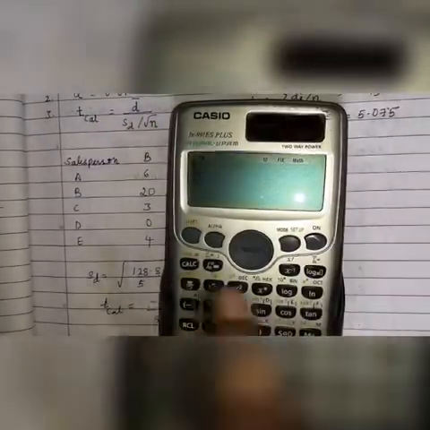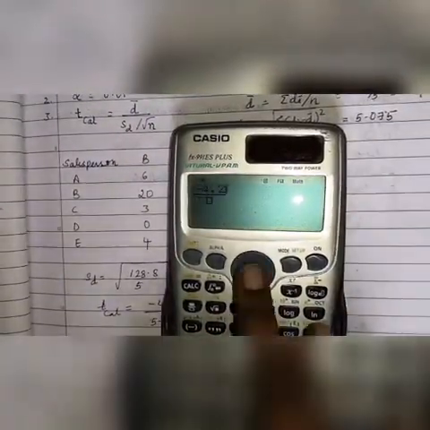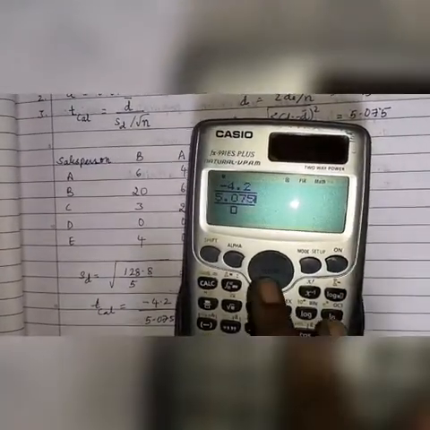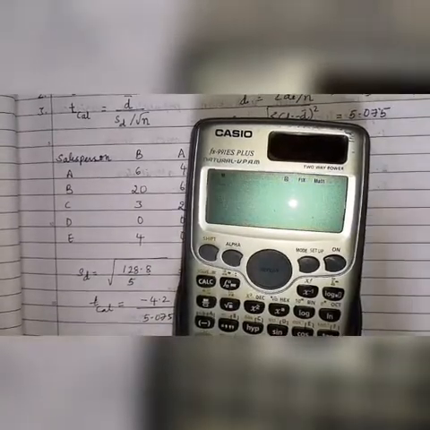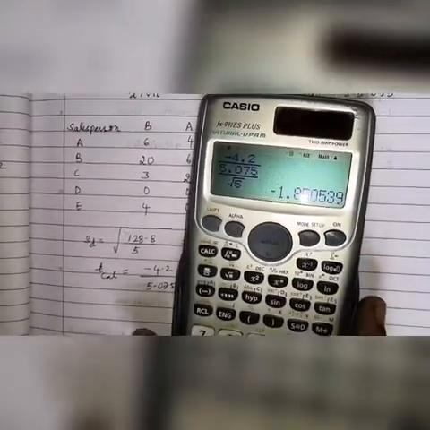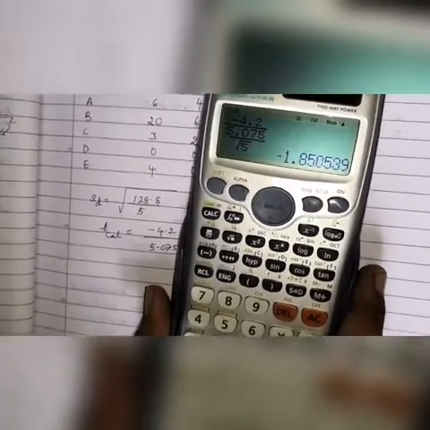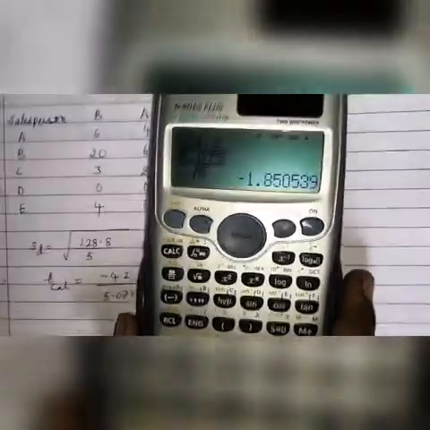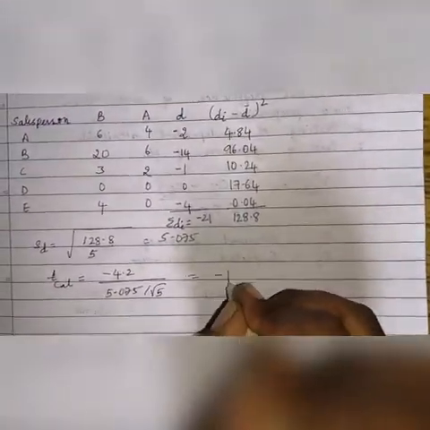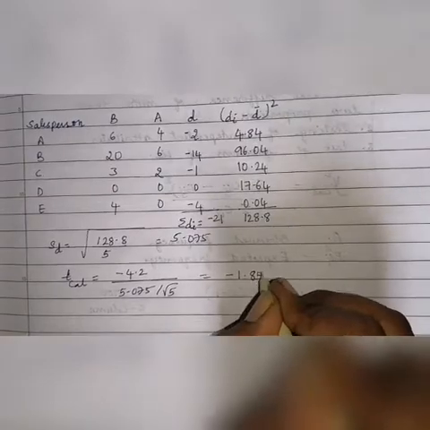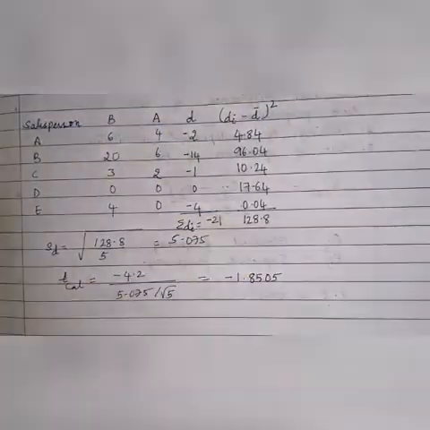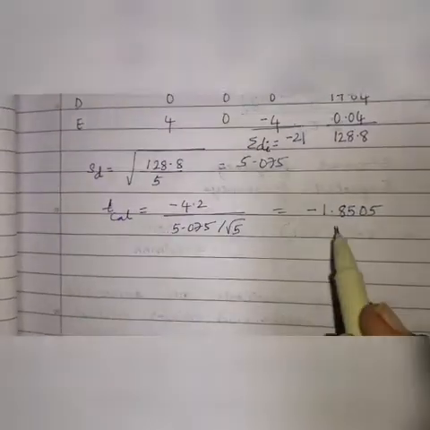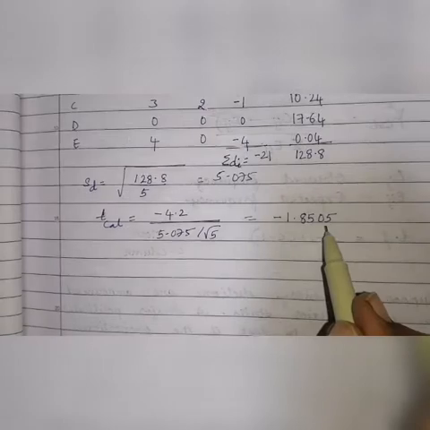So minus 4.2 by 5.075 by square root of 5 is minus 1.85. This is minus 1.8505. Okay, so the calculated value is minus 1.8505.